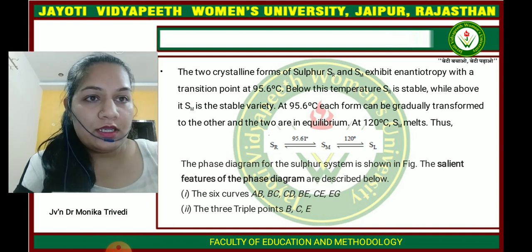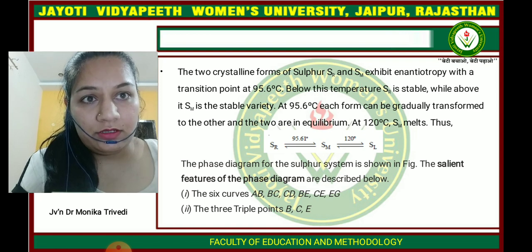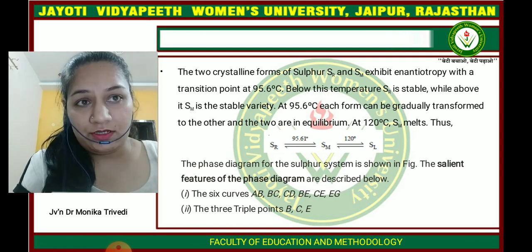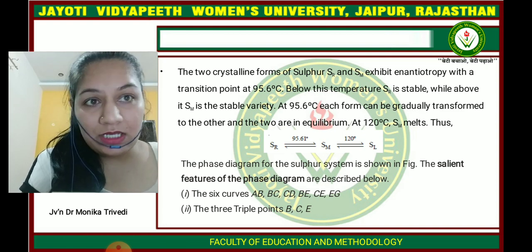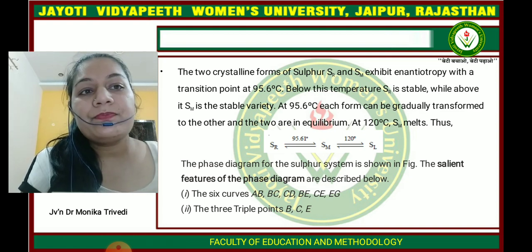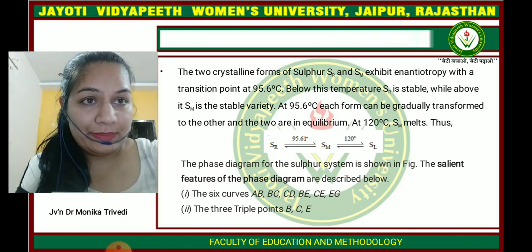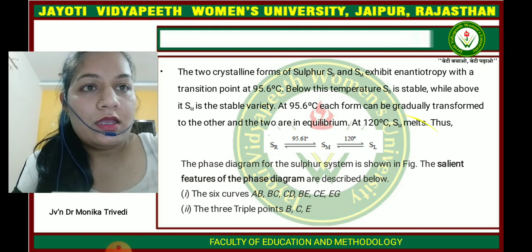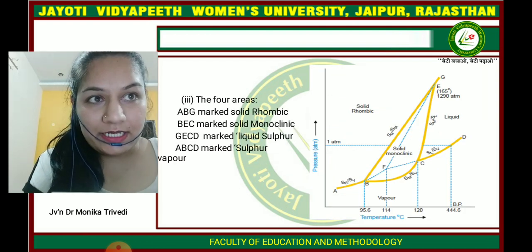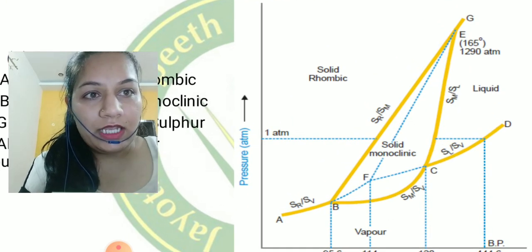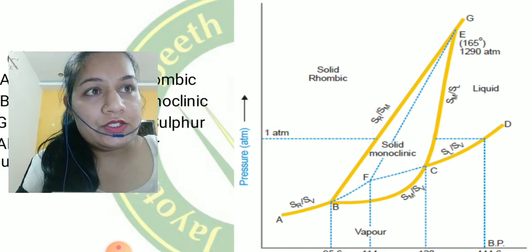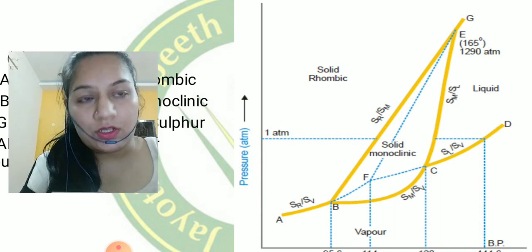So if we draw the phase diagram of the sulfur system, what do we get? We get six curves, which are AB, BC, CD, BE, CE and EG, and we have three triple points, which are B, C, E. Okay, you can see the diagram of the sulfur system. Here we have the curves AB, BG, GE, EC, CD, CB.